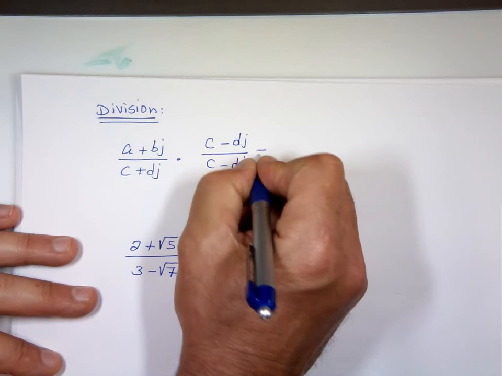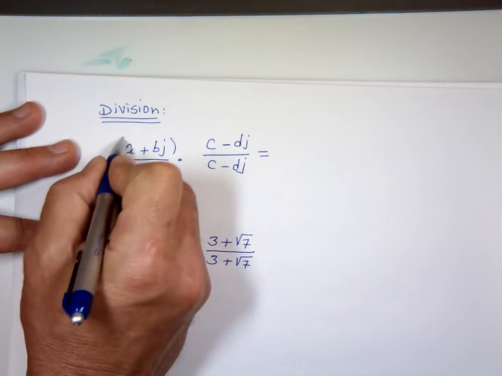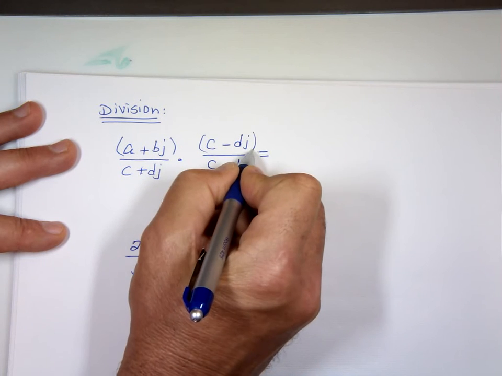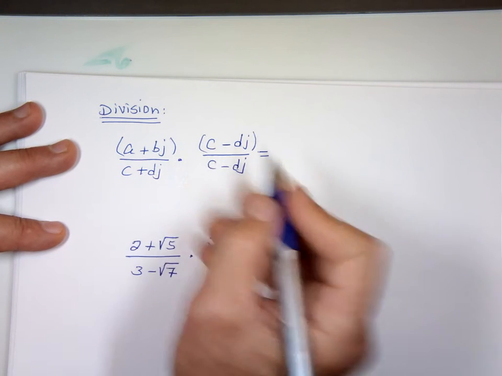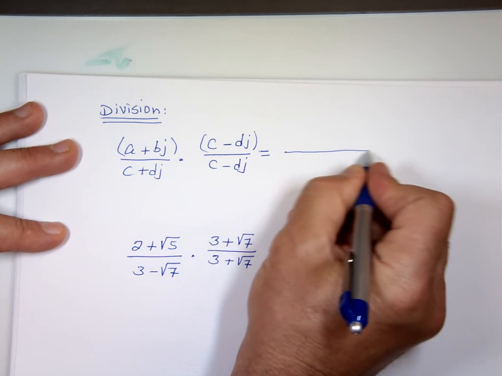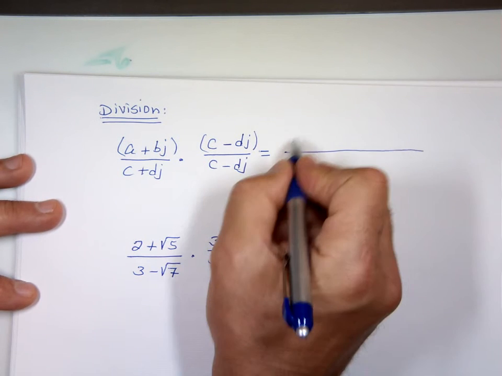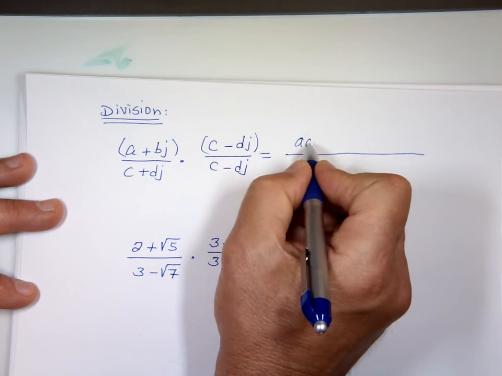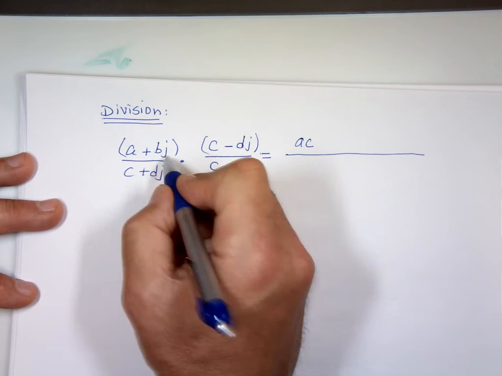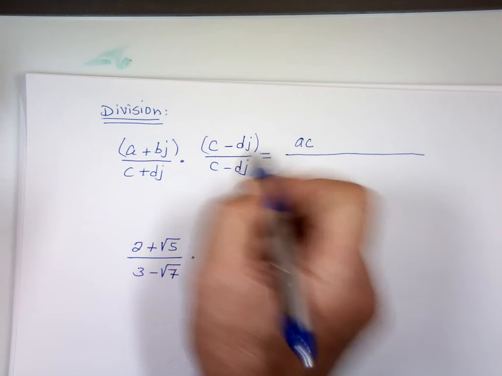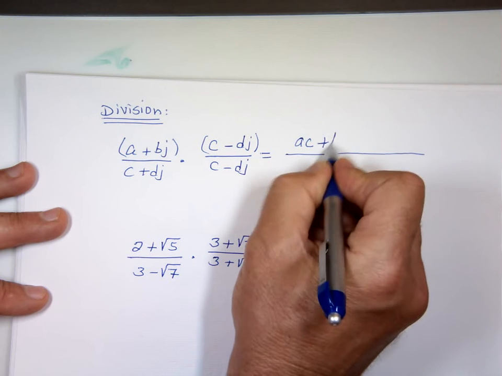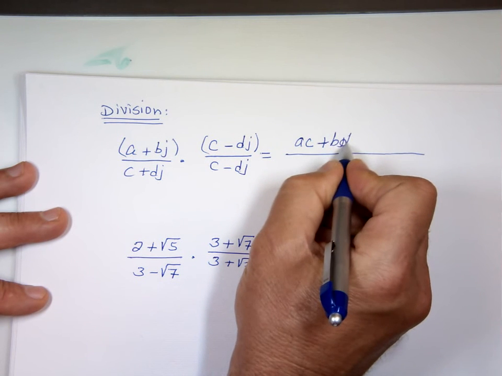So when you FOIL this one out and you collect like terms, you're going to end up with, again, I'm not really a fan of writing these equations there, but I'll put it there, AC plus times a minus, that's a minus, but with the j squared make it a plus, BD.